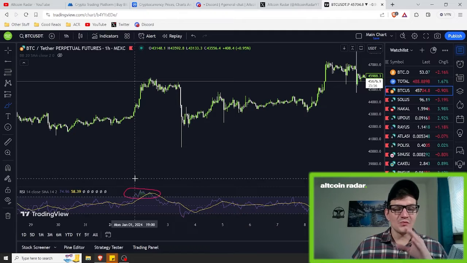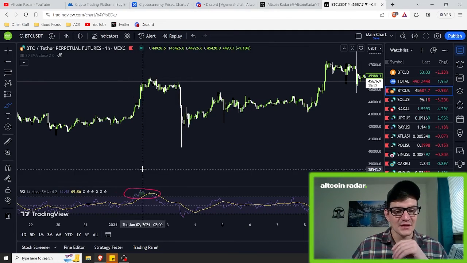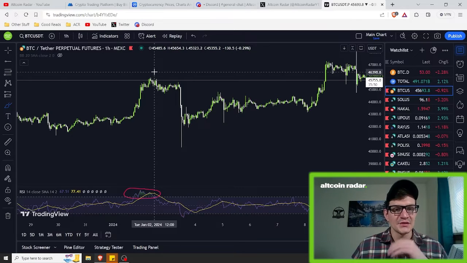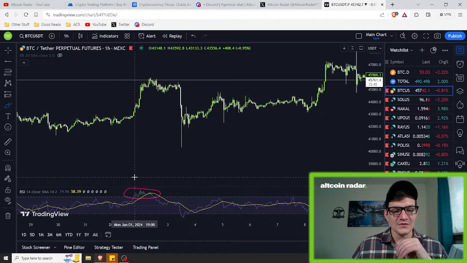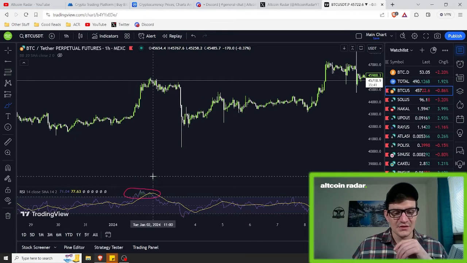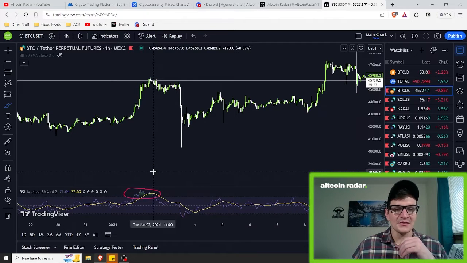because the trend was extremely strong right there and momentum was extremely strong right there, it ended up continuing to go higher and higher and higher, and it stayed in that overbought territory from January 1st all the way to January 2nd, for an entire full day, for an entire 24 candles, all right?